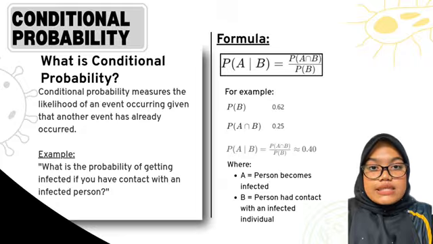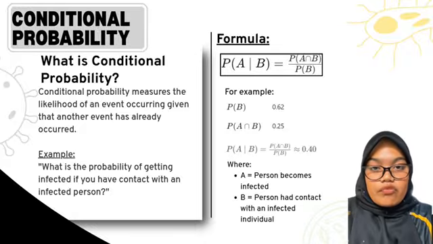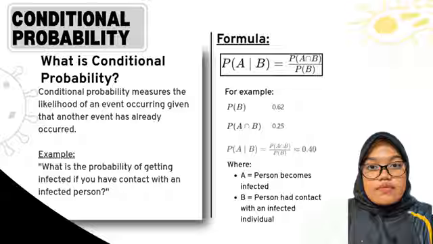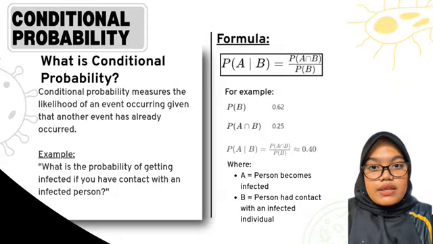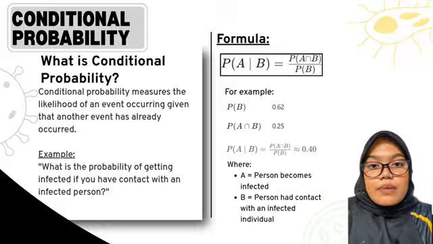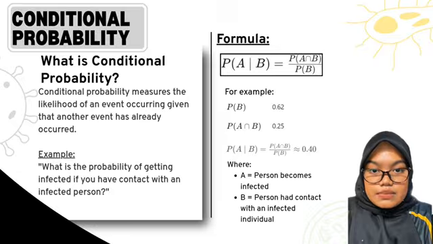The formula is P of A given B equals P of A intersection B divided by P of B, where A represents a person becoming infected, B represents a person having contact with an infected person. Based on the example shown, the probability is approximately 14%. This means there is about a 14% chance of becoming infected after contact with an infected person.